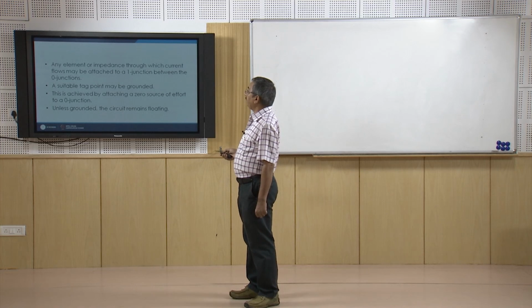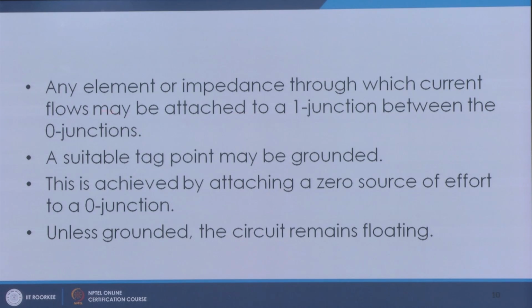Then any element or impedance through which current flows may be attached to a 1 junction between the 0 junctions. So, this can be done, alright, and a suitable tag point may be grounded.